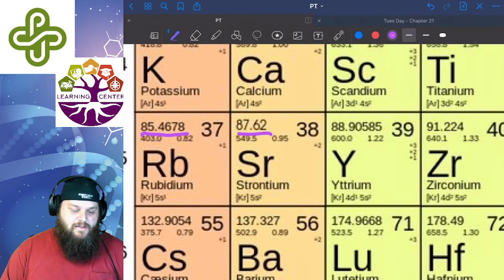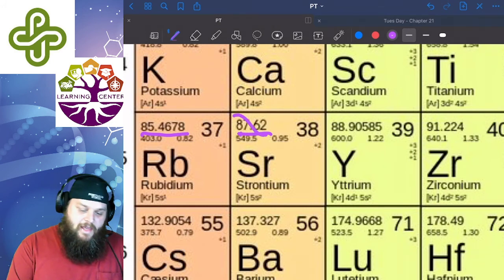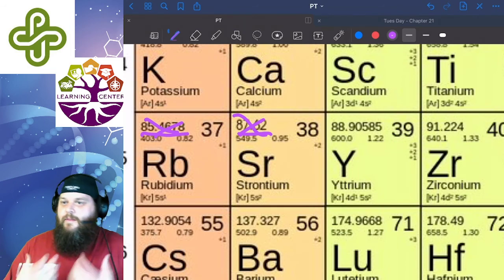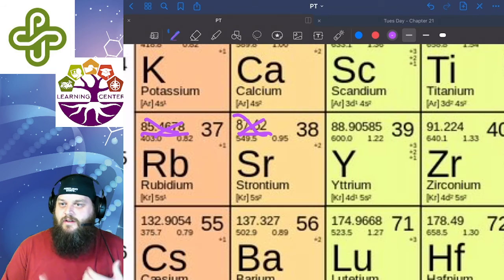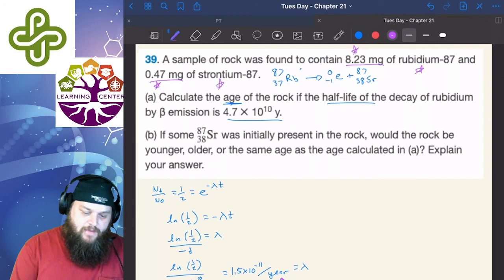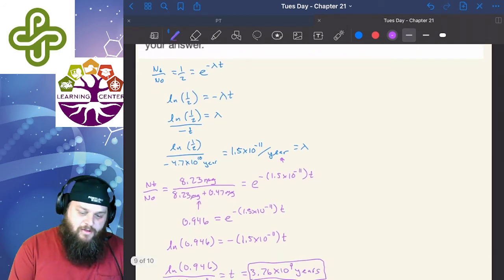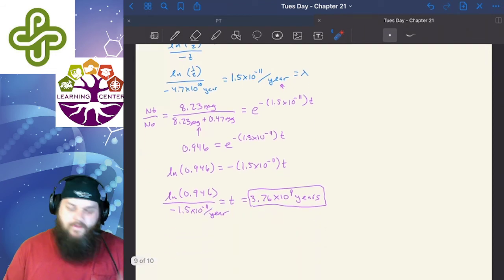But if you're talking about a specific isotope, we can't use these. We have to use the mass of that specific isotope. In this case, those two isotopes of rubidium-87 and strontium-87 have almost the exact same mass, which is why I was able to do that ratio without having to convert them all to particles.